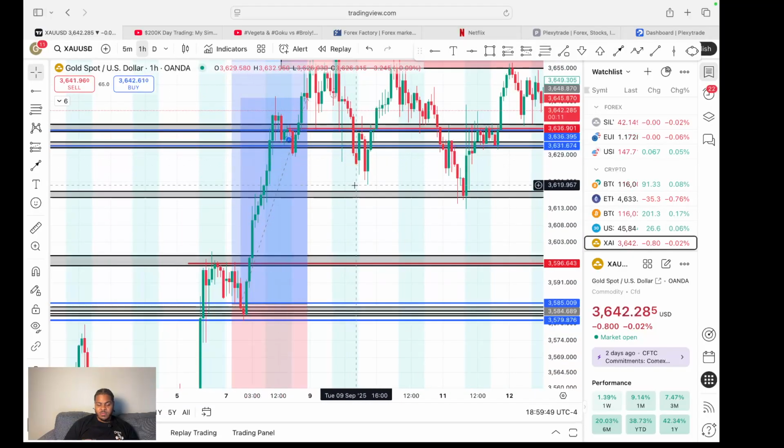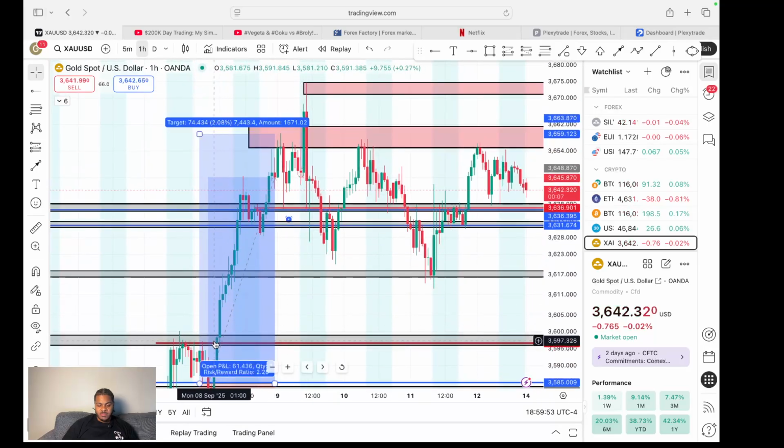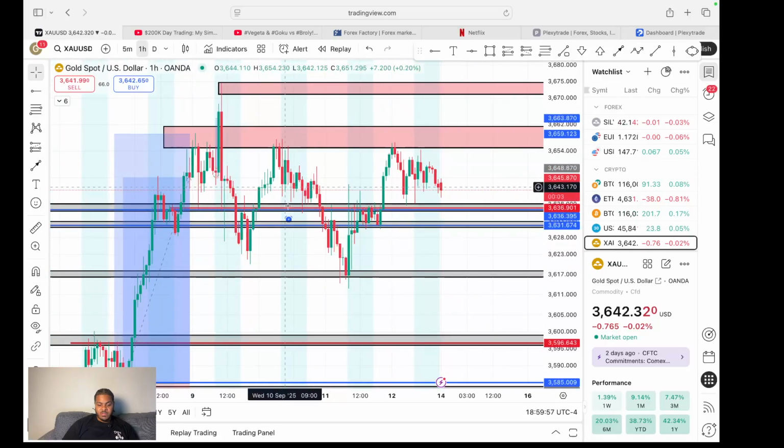This will only get you one double. Look how long it took for price to come all the way up here. It took a whole day, right? Then the following days were just choppy back and forth days.